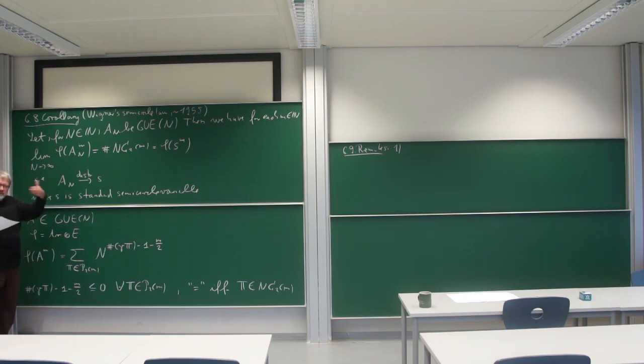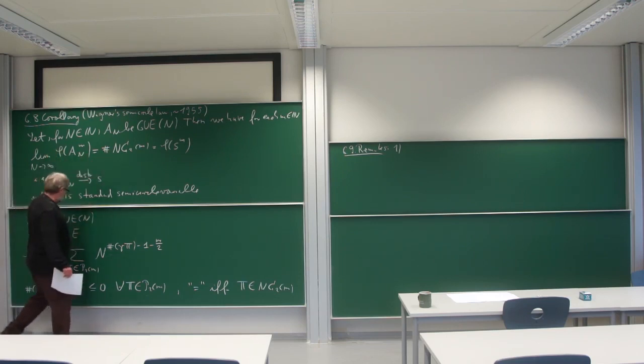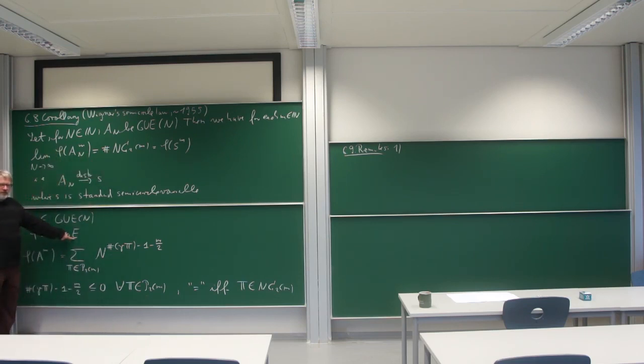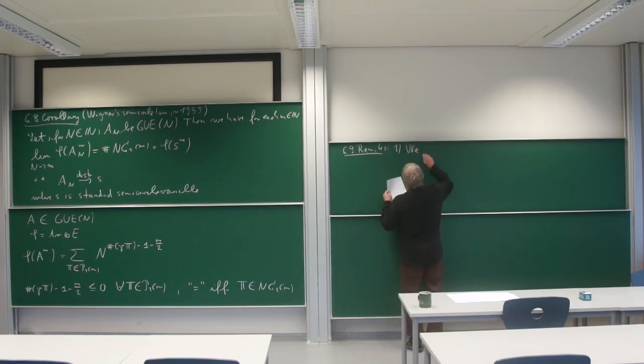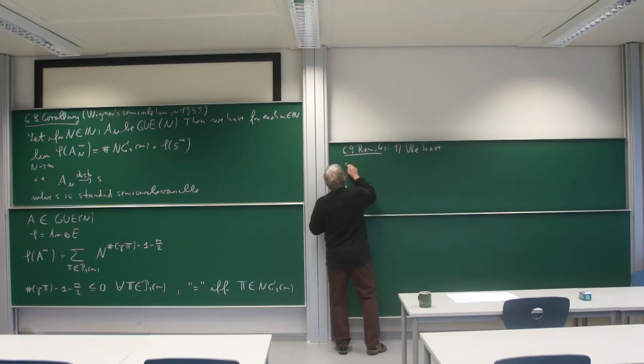But it's good to have in mind that this convergence here, which is with respect to the expectation, is even almost sure convergence. And maybe later, at some point, I will show you some pictures about convergence, and then maybe we can talk a little bit more about this. But for now, let me just write this down as a remark.